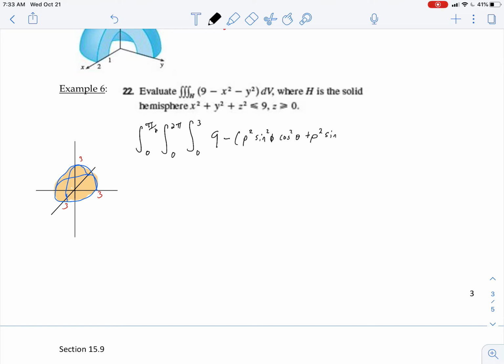And I'm pulling the negative outside, plus rho squared sine squared phi sine squared theta. And then I need to include my rho squared sine phi d rho d theta d phi.